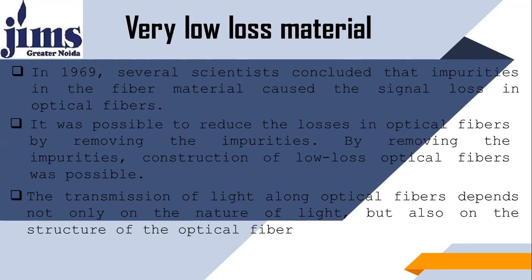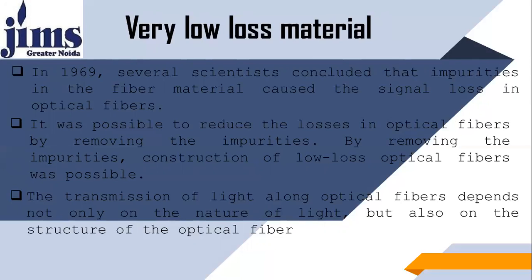So if we remove these impurities in the optical fiber or the material of optical fiber, then we are able to reduce the losses. It was possible to reduce the losses in optical fiber by removing the impurities.